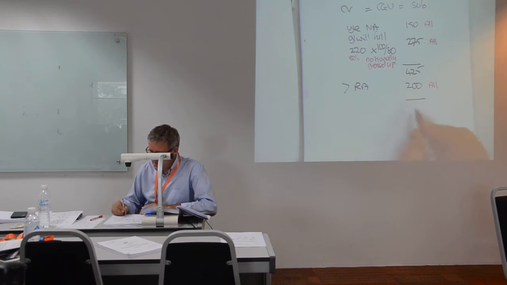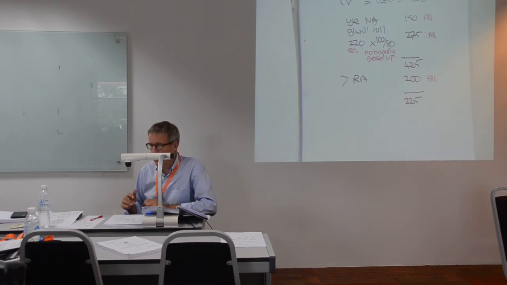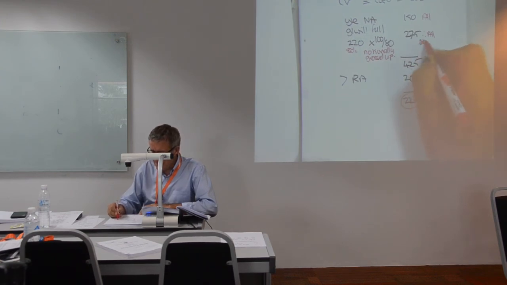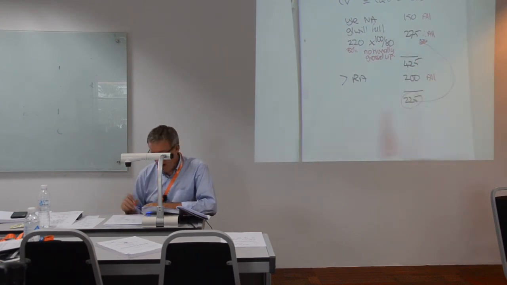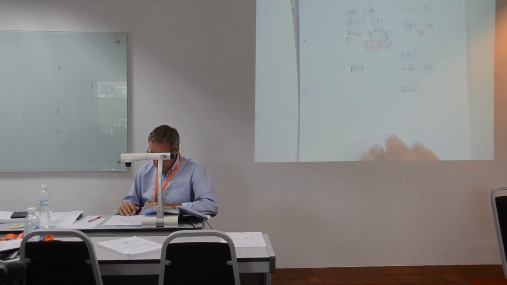Now, the amount of the impairment loss, therefore, is, no, it's not 225. The answer isn't 225, because this 225 relates to the 275, and the 275 is not me. I am only 220. So I only really want 80% of that 225.